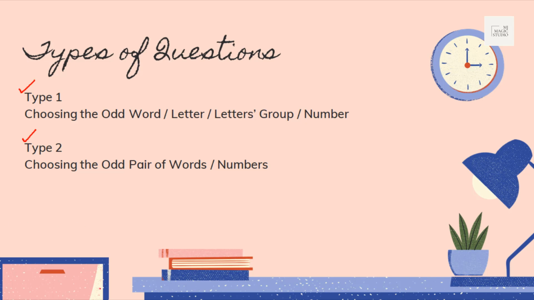And type 2 question would be like pair of words, pair of numbers. In each option there are more than one number or one word given, or the combination of them. So it should be choosing an odd pair or choosing the odd word, letter groups or numbers. Okay, so let's take up these types one by one and practice now.